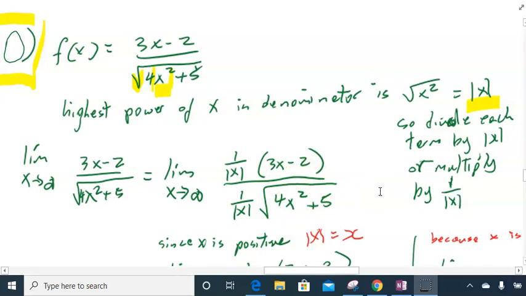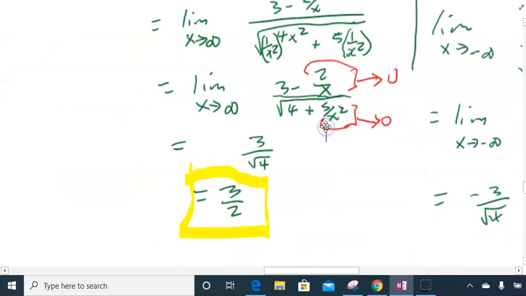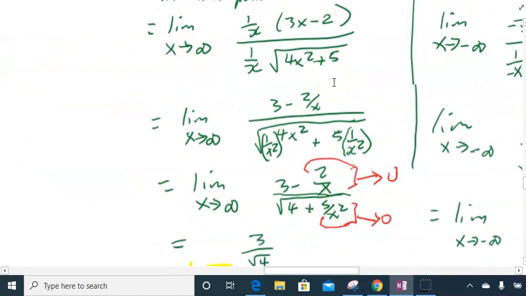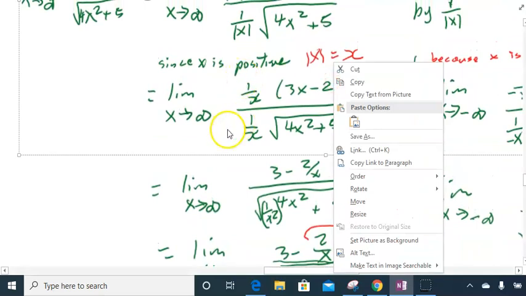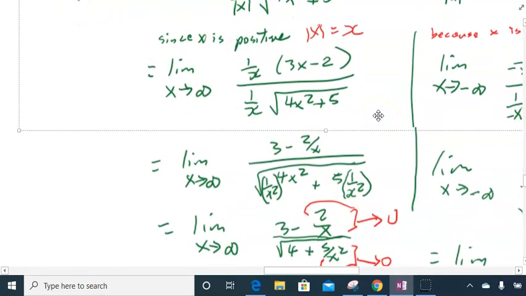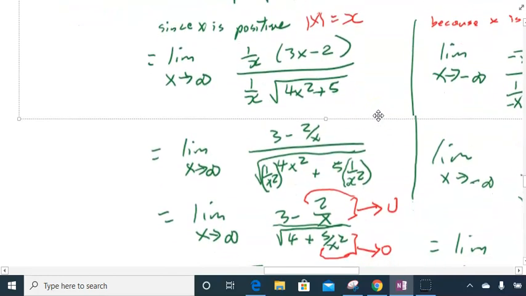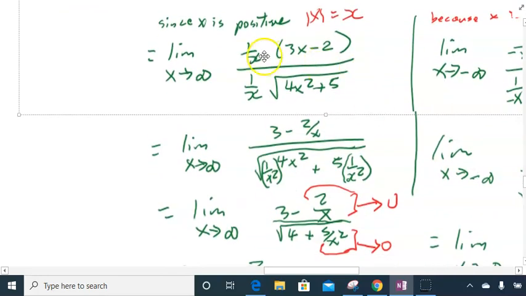In this case, since x is positive, we think of one of the rules that we know, that when x is positive, the absolute value of x is equal to x. So instead of 1 over the absolute value of x, because we know x is positive, we just write 1 over x, in both the numerator and the denominator.